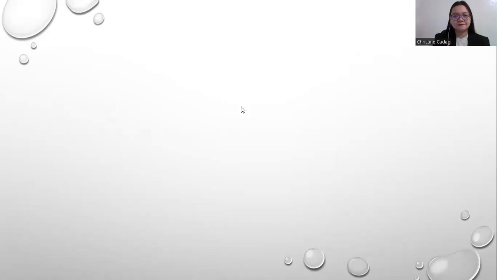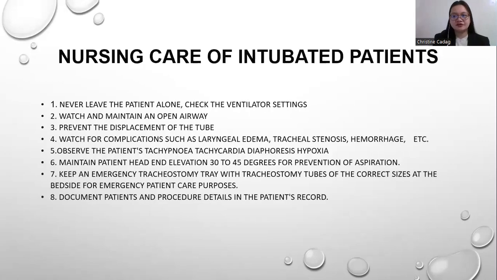Next is nursing care of the intubated patient. So first, never leave the patient alone. Check the ventilator setting. Immediately after the intubation, the patient should be monitored closely. You need to observe as nurses if the patient is saturating well and if he is tolerating the ventilator setting.